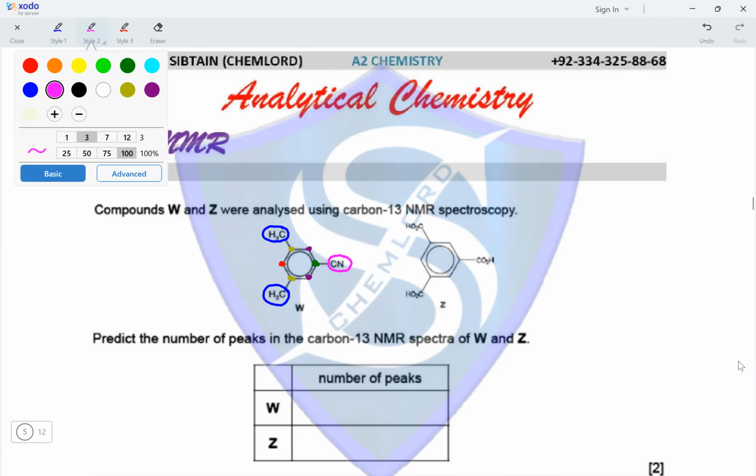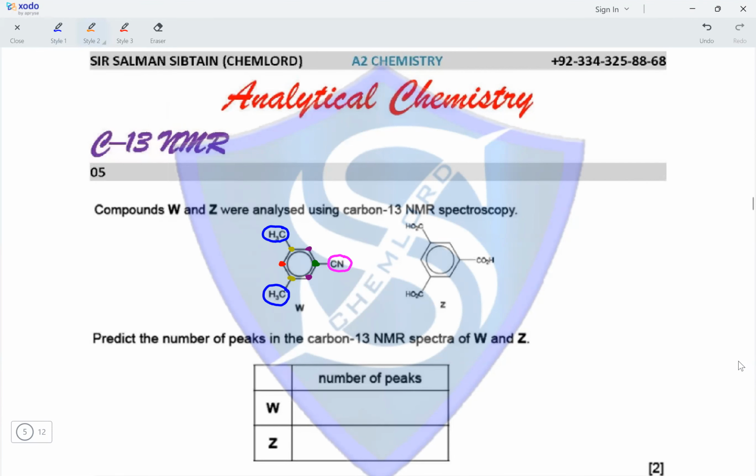So in total, we have one, two, three, four, five, and six different environments present in compound W. So we would end up with six different peaks in the carbon 13 NMR spectrum.